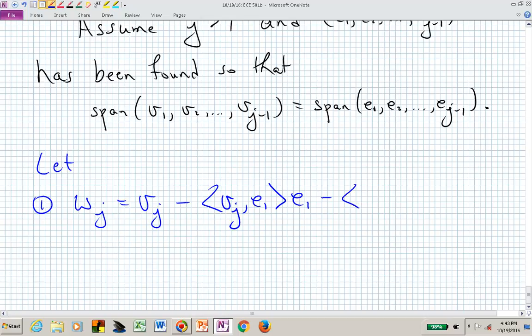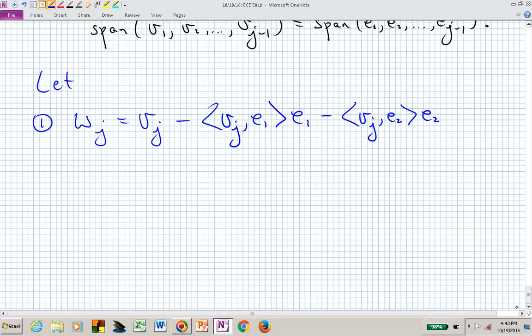So we now take the inner product of V sub j with E2 and subtract that scaled version of E2 off of V sub j. And we keep going and take the inner product of V sub j with E sub j minus 1 and use that to scale E sub j minus 1.